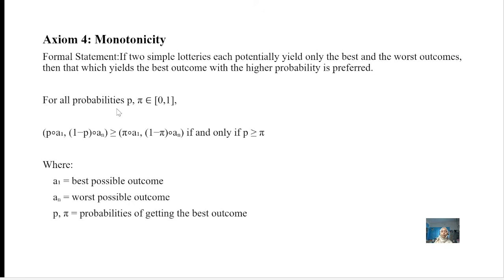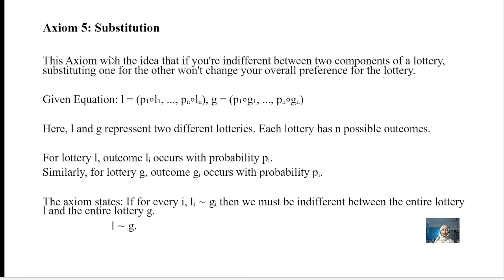For example, for probabilities p and pi belonging to the closed set from 0 to 1, p times a1 with 1 minus p times an is preferred to pi times a1 with 1 minus pi times an, if and only if p is preferred to pi. Here a1 is the best possible outcome and an the worst possible outcome, and pi and p are the probabilities of getting the best outcome.